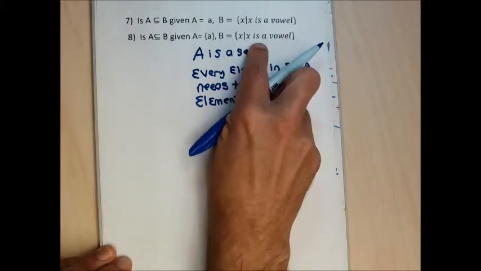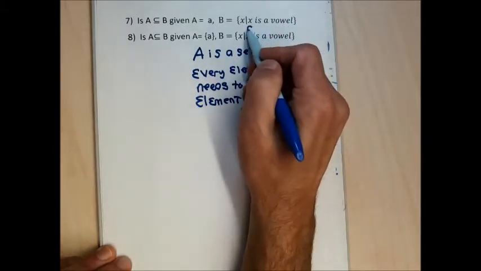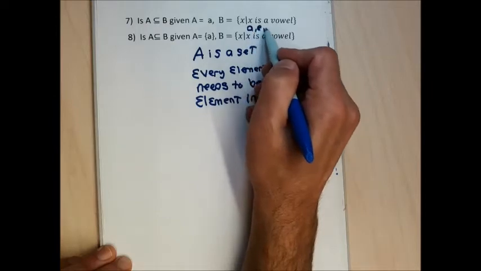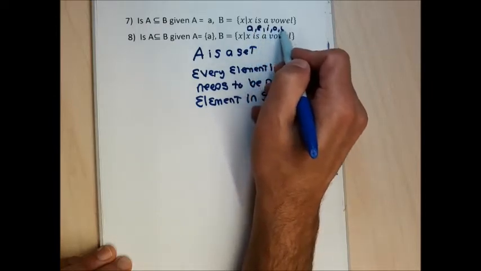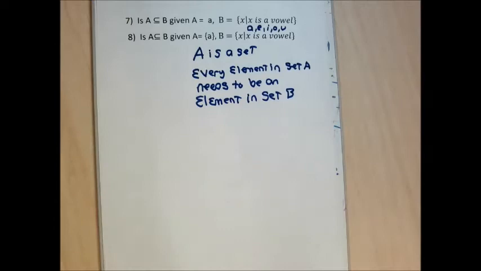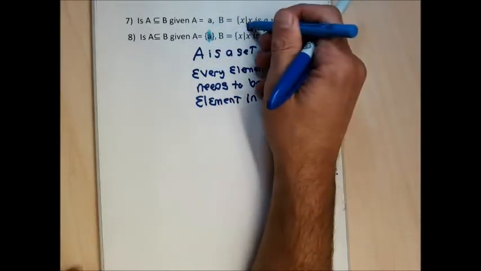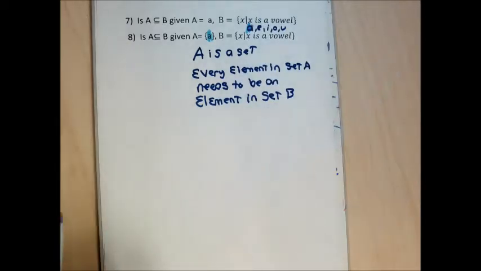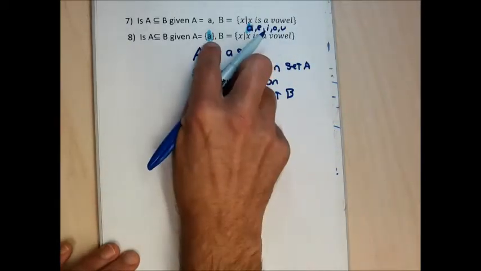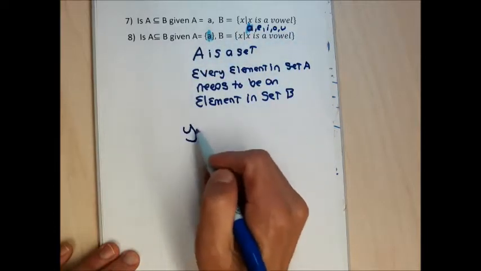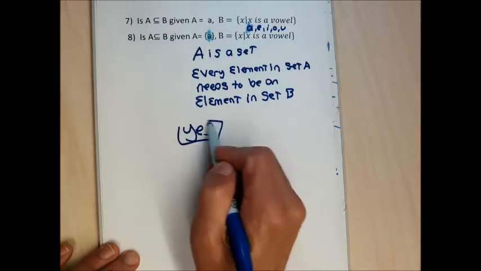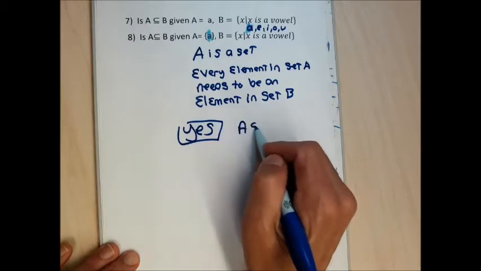B is the set of all X's such that X is a vowel. I know at least A, E, I, O, and U are in set B. I don't know if I want to put Y there or not. But in order to answer yes or no, A is the only thing that needs to be in set B. And because A is in set B, every element of set A is in set B, my answer to number 8 is going to be yes. Or yes, A is a subset of B.